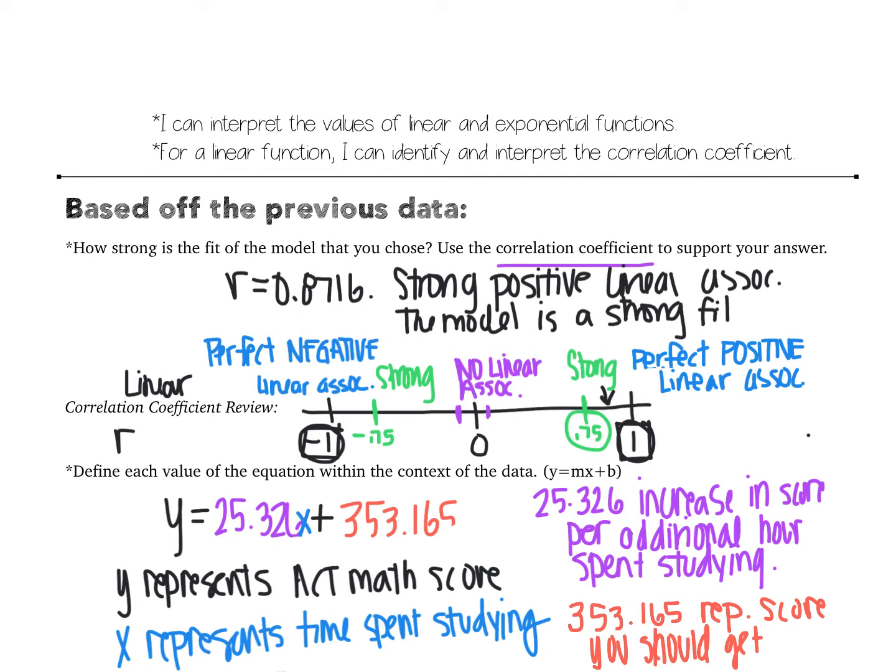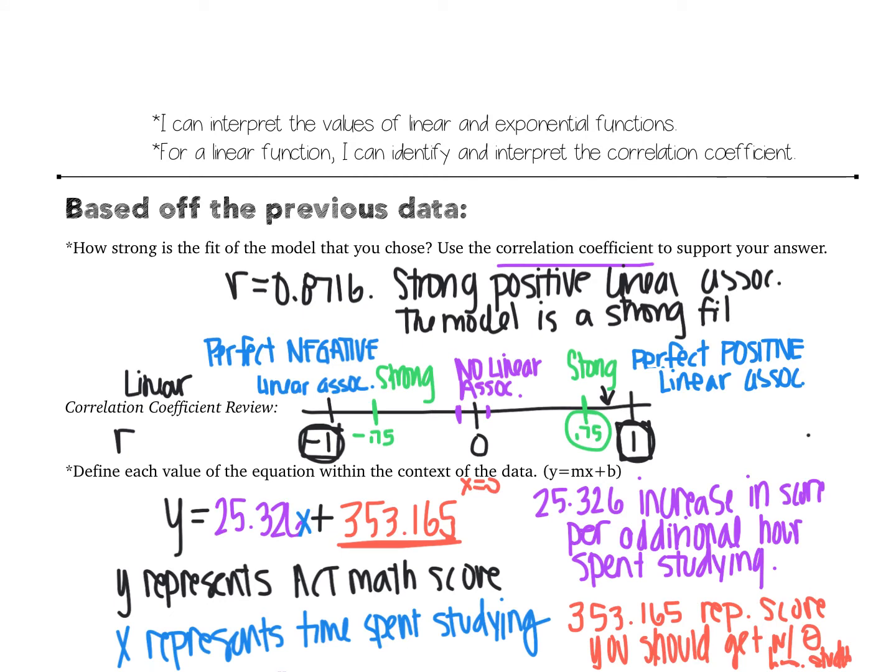So if we think about the initial value, or the y-intercept, we said that was when x is 0. So if x is time studying, then I should expect at least a score of 353 just based off of what I already know. So it represents the score you should get with 0, I'm running out of room, hours studying. Pretend like that's what that says. So it would be the score that I should get with 0 hours studying.